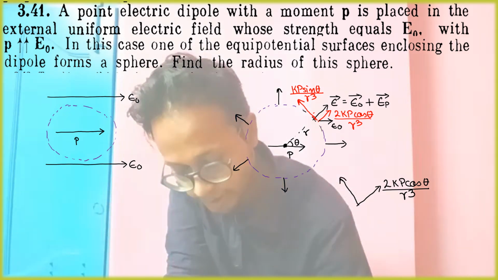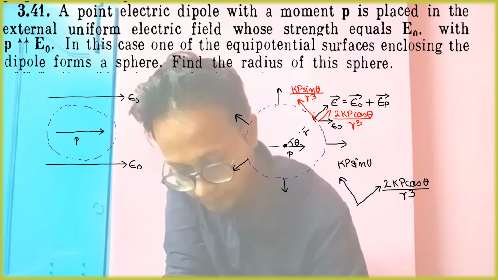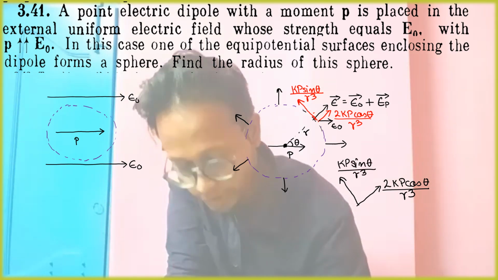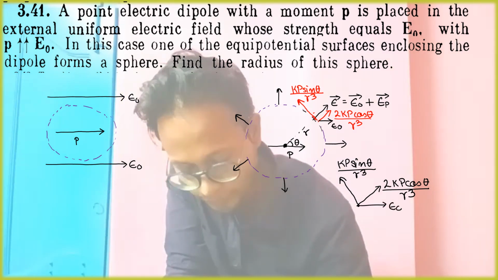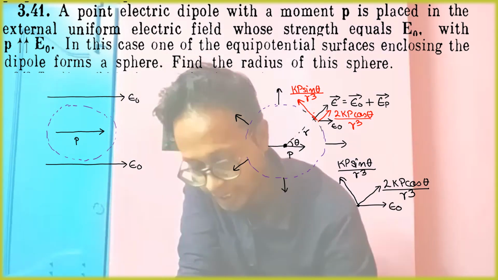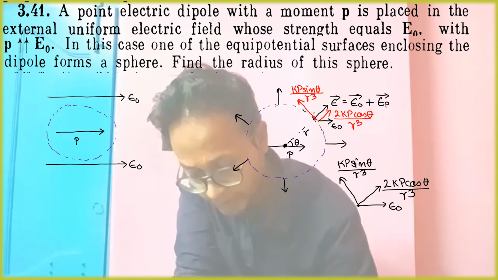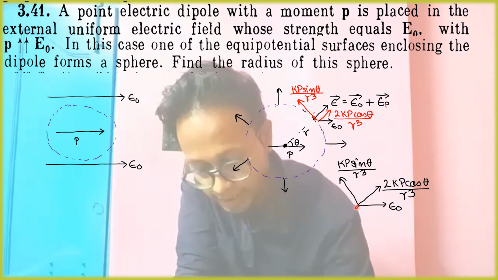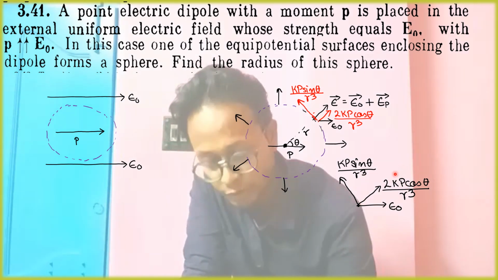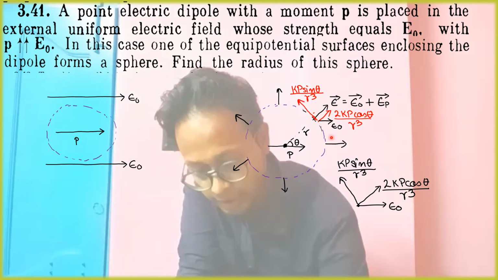Tangential to the sphere is kp sin theta by r cube. This is also generated by the dipole. And the third vector is E naught, generated by the external electric field. All I'm trying to say is that the combination of vectors due to all these three electric field vectors is in the radial direction. That means the tangential component would get cancelled, or the tangential component would be 0.